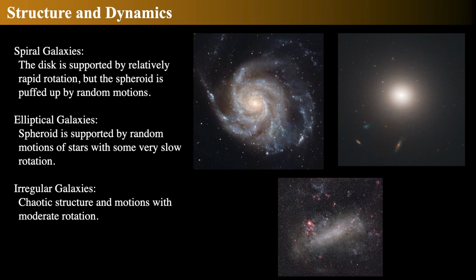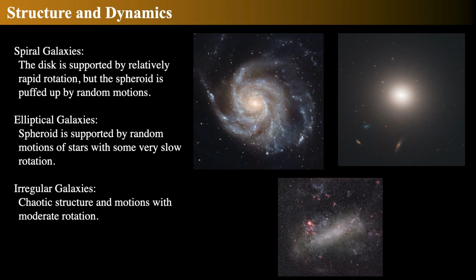There might be some slow overall rotation, but the random motion of the stars dominates the appearance of the Doppler shift. So if you look at one side of an elliptical compared to the other, you're not going to see one side approaching you and one side going away. Spirals, however, if you can get one edge-on, one side's coming towards you, one side's going away.